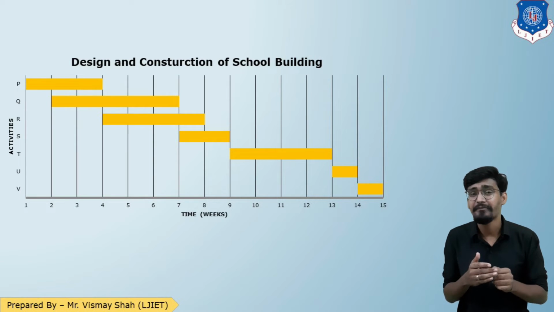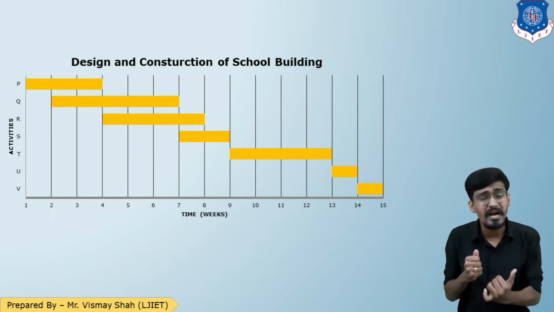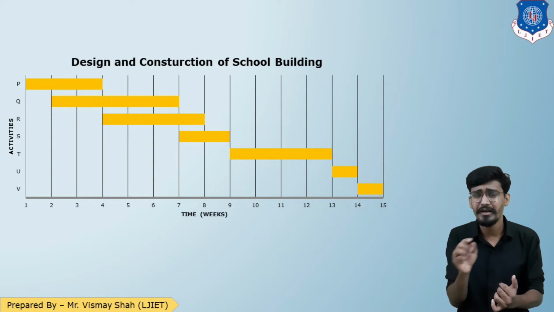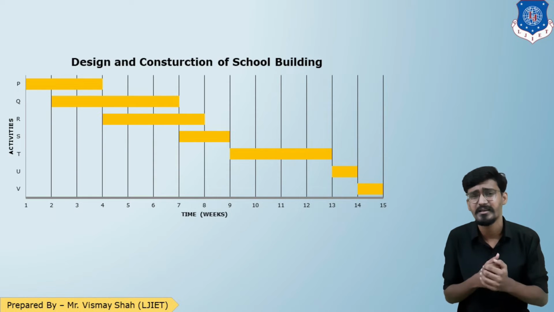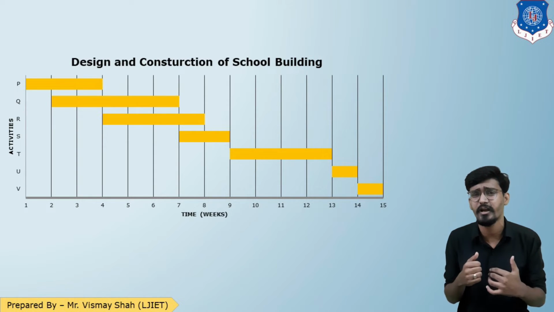Now the second activity, the architectural and structural design, as you can see, starts from the 3rd week, and its duration is 5 weeks. We can reason that no architectural or structural firm waits till the entire survey completes.